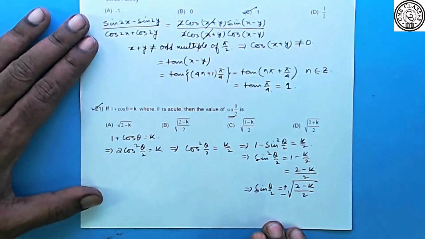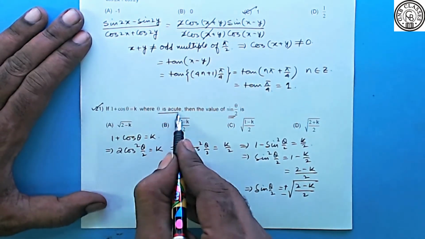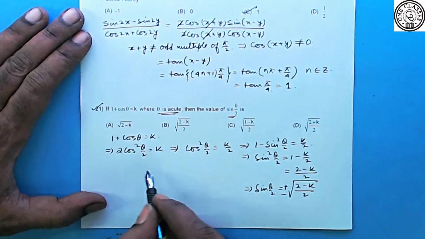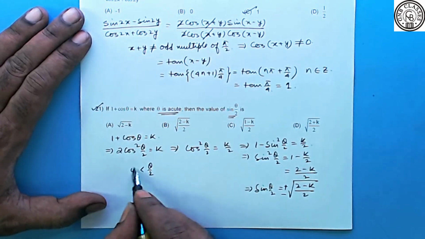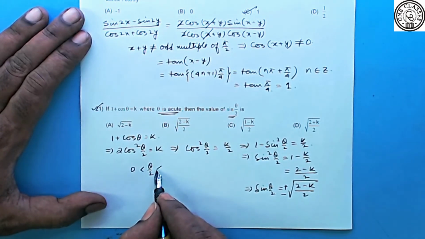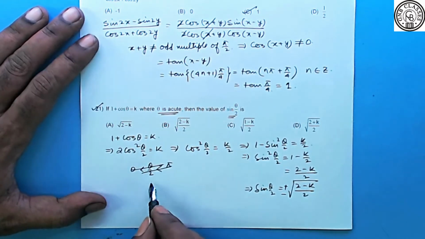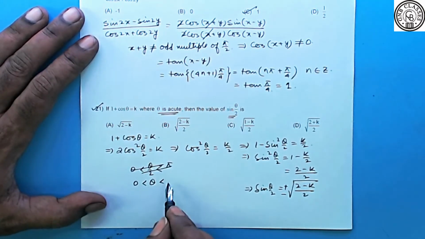But observe carefully, they have said that theta is an acute angle. That is, theta is in the first quadrant. Therefore, theta by 2 is also in the first quadrant. Yes or no? Because your theta is in the first quadrant, that is why it's an acute angle.